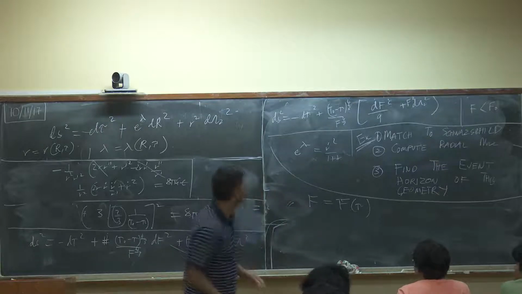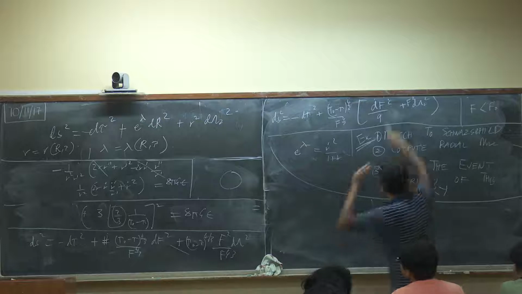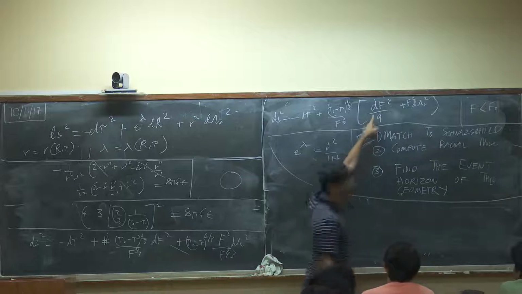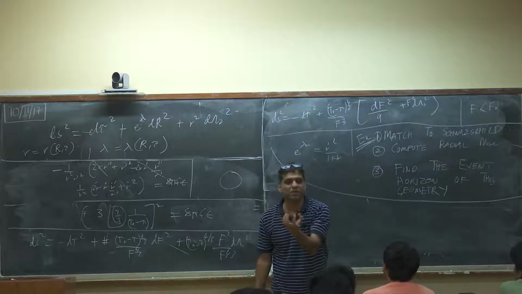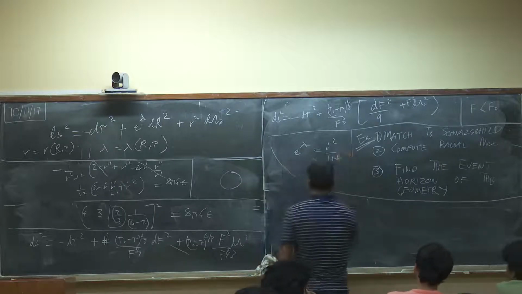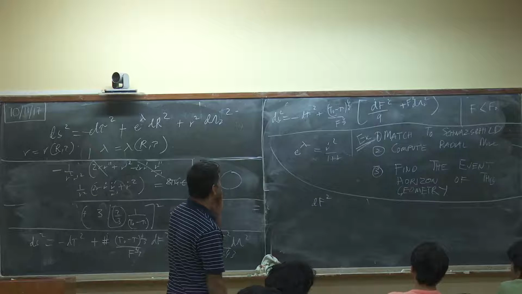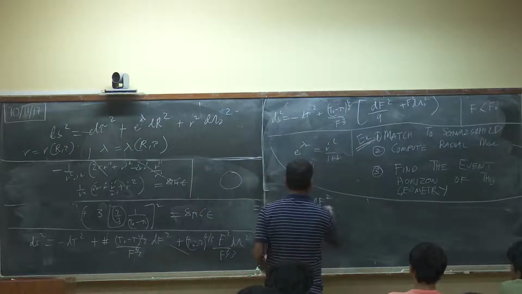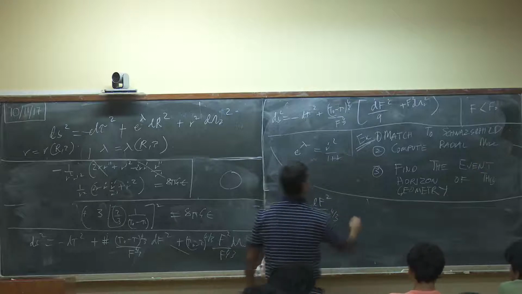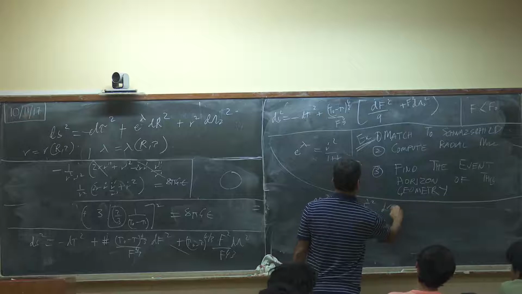Let me explain that. When tau is not tau naught, let's look at this geometry. In order to check whether it's singular or not, what I want to do is to check whether it's the origin of polar coordinates in R3. So this is df squared by 9 into f to the power 4 by 3, plus f squared by f to the power 4 by 3 d omega 2 squared.